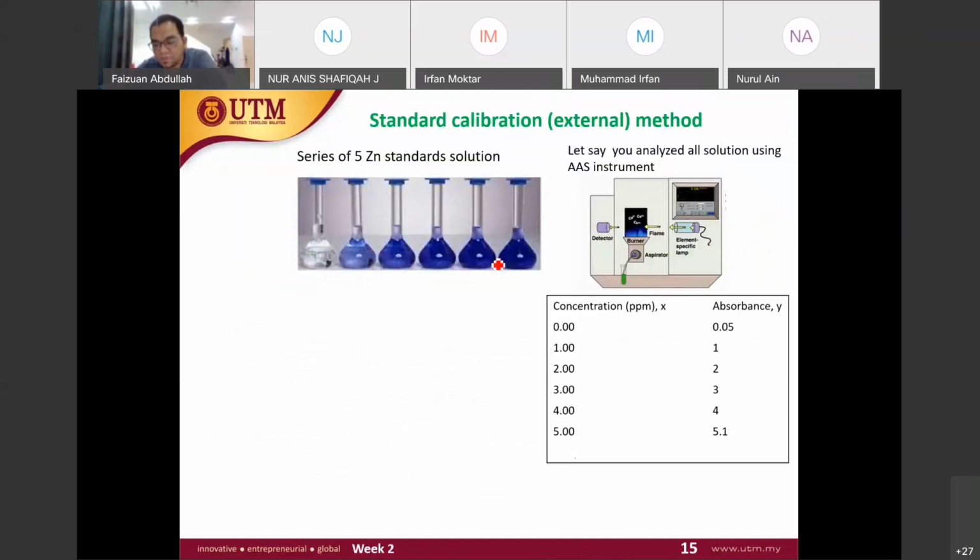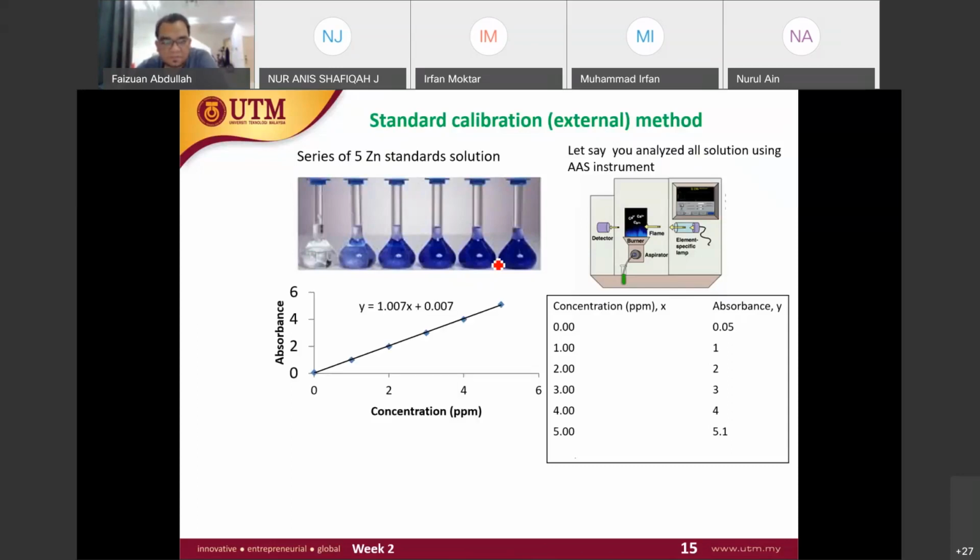We just assume we use AAS for the standard calibration. It's similar, but just a different response. So we have this standard calibration for external, the normal one, right? We prepare a series of standard solutions with an increasing concentration. So when we analyze, we get the linear graph.